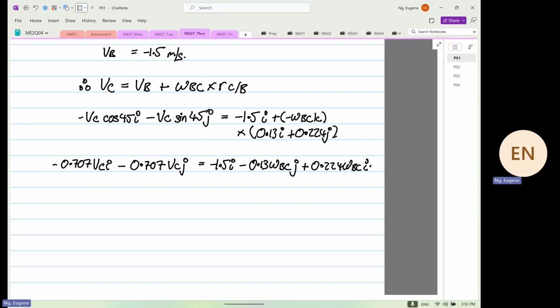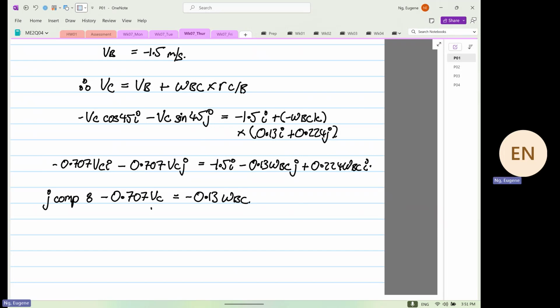So now we can look into the J component. I will do the J component first. So the J component: this is minus 0.707 VC, and J is equal to minus 0.13 omega BC.